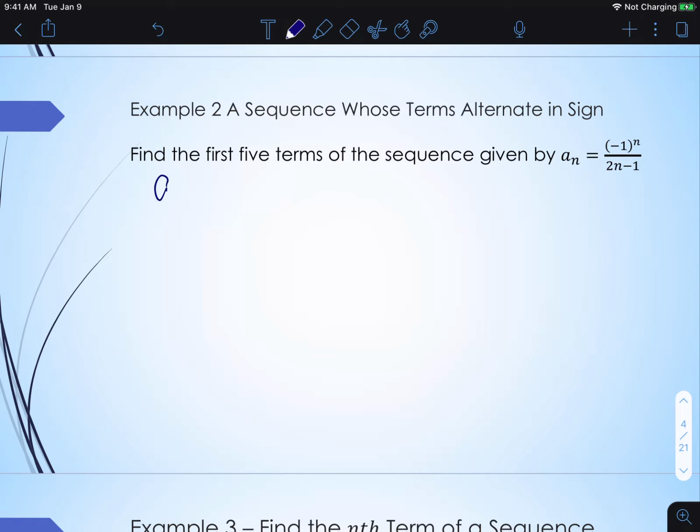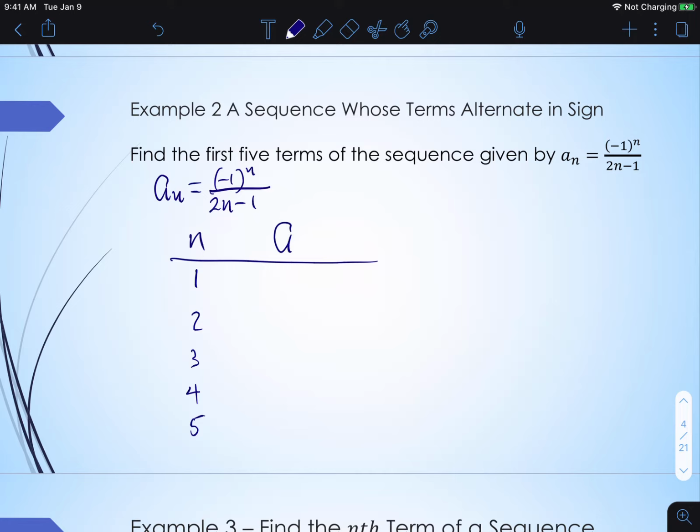So we have a sub n is equal to negative 1, raised to the nth power, and that whole thing over 2n minus 1. And we're just going to do our numbers again. So here's n, and we're going to go 1, 2, 3, 4, and 5 because they want the first 5 terms.